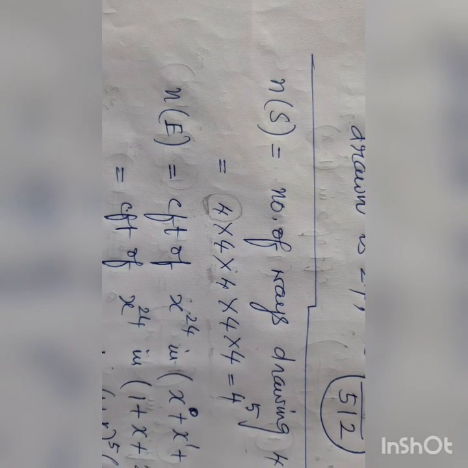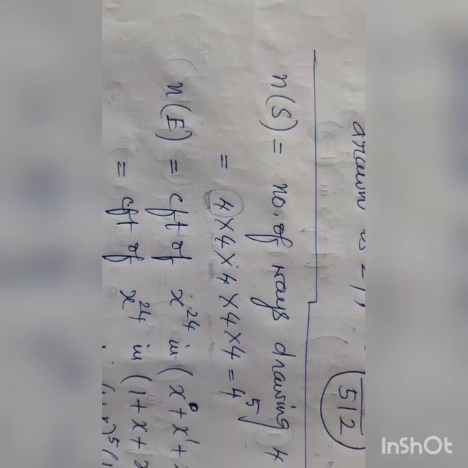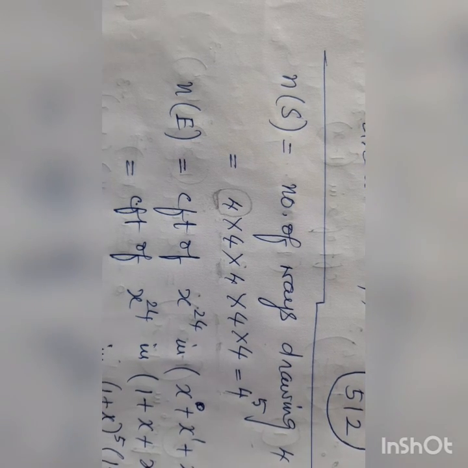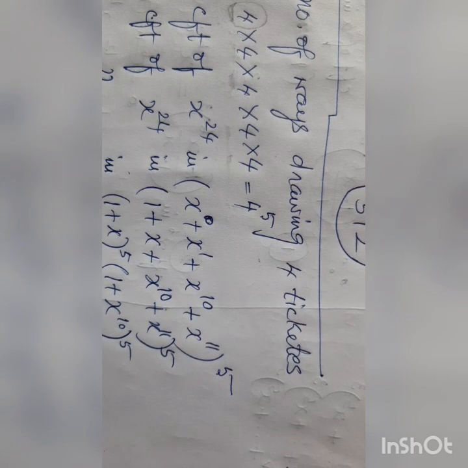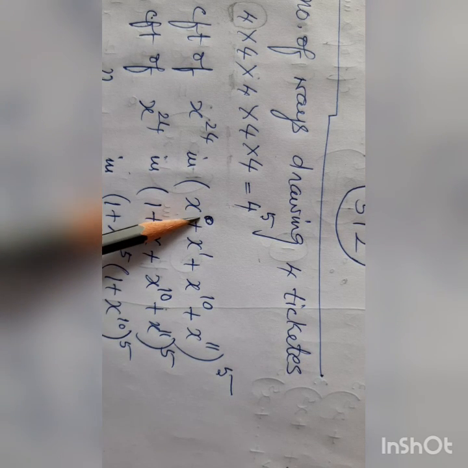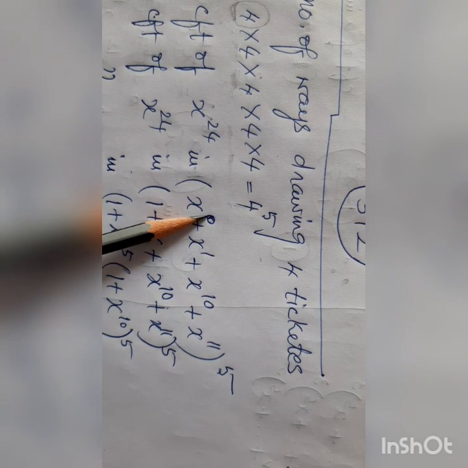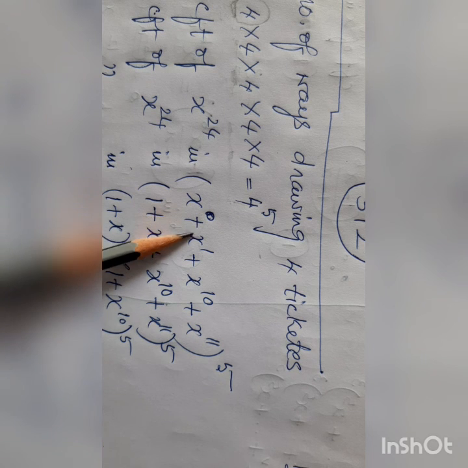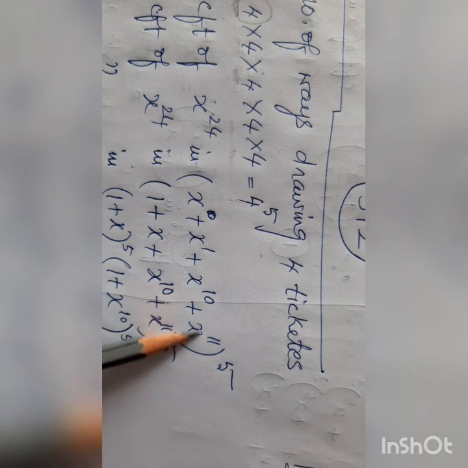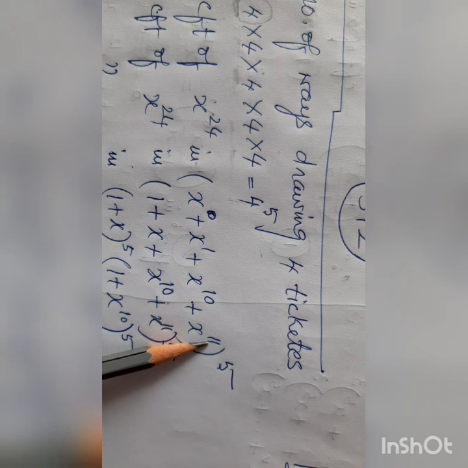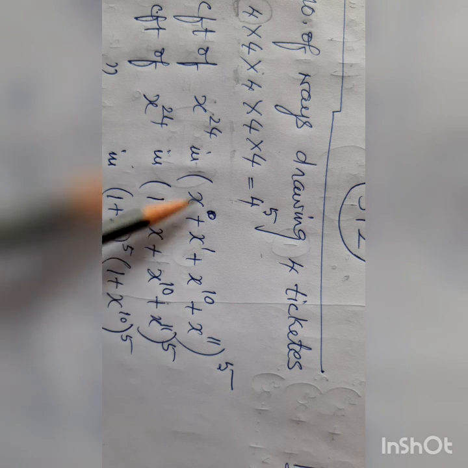Now N of E. N of E is the total should be 24. So CFT, coefficient of x power 24 in the 00 coded, 01 coded, 10 coded, 11 coded. By these numbers only you are getting 24.